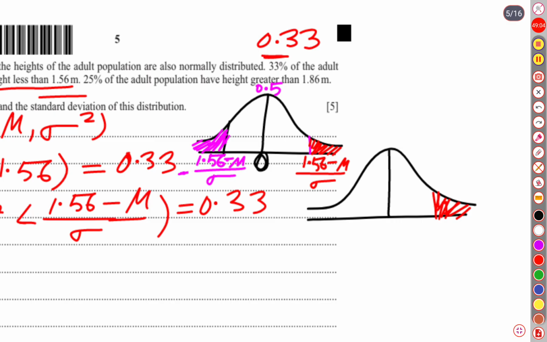If the probability of this is 0.33, then the left part must be 0.67, definitely, because total probability is 1.